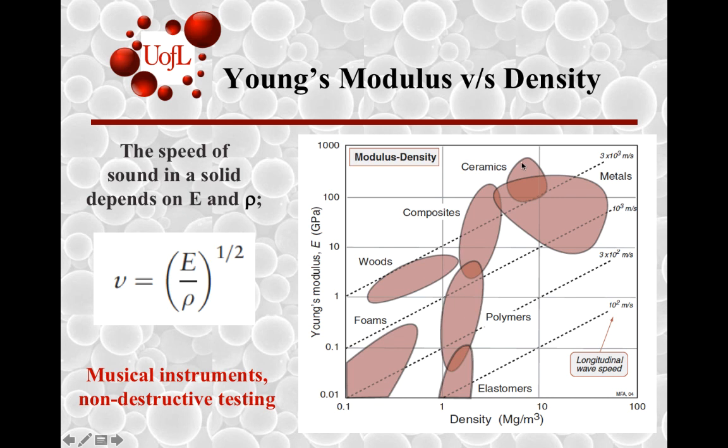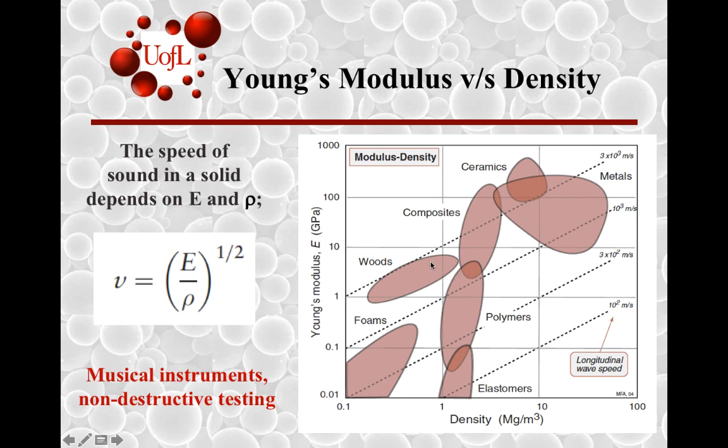For instance, ceramics over here give the highest propagation of sound, and so can be great for making chimes and musical instruments if so desired. Also, wood is used in a variety of musical instruments, flutes, string instruments, and so on.